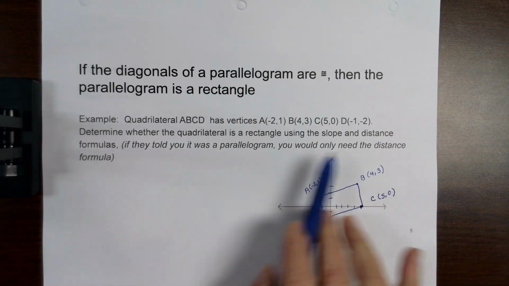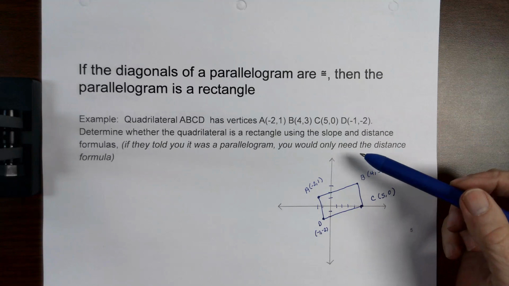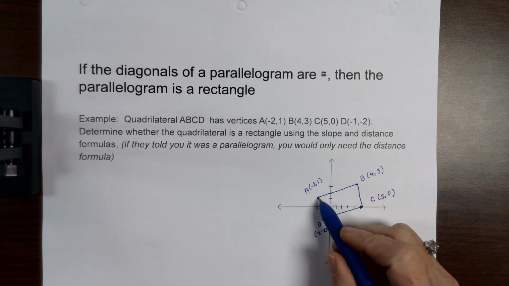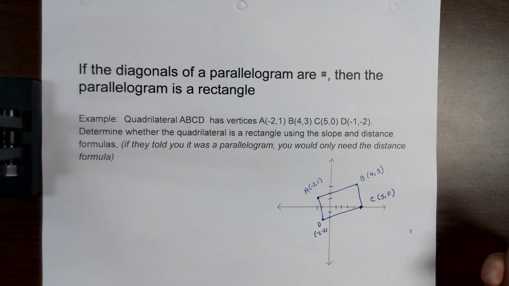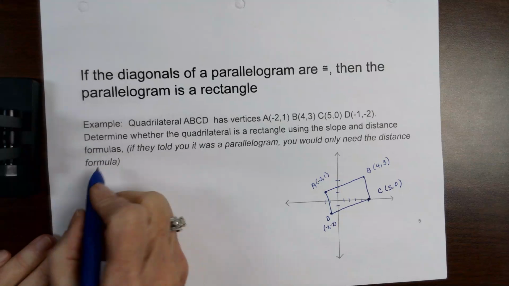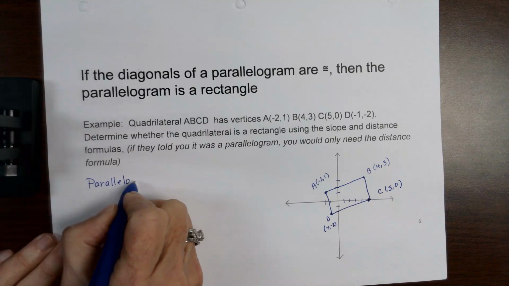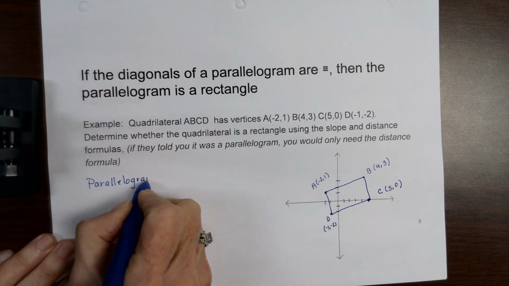Okay, so it says to use both the slope and the distance. Now, what I would use the slope formula for is to make sure that I have 4 right angles, or I could prove that it's a parallelogram. Let's do that. Let's prove it's a parallelogram. Opposite sides must be parallel.